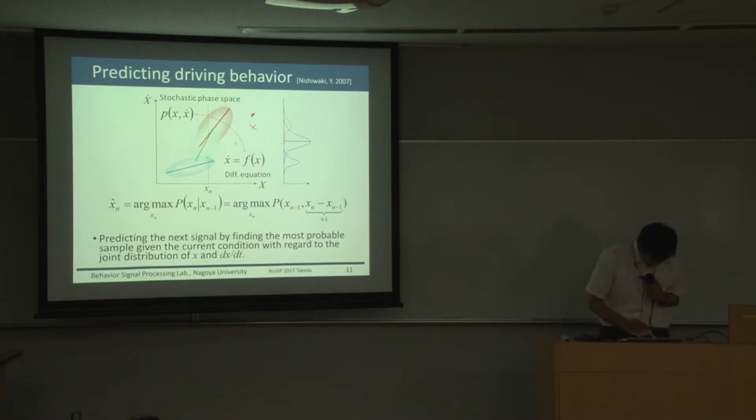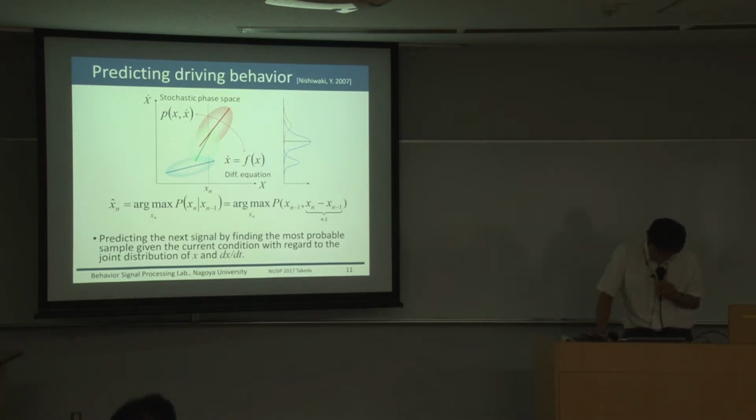So in spite of finding the very funny function f, we can try to find the data distribution and utilize it for various purposes. In this case, I can mention that this knowledge can be used for predicting the future behavior of a driver. This is a very simple extension of the differential equation.